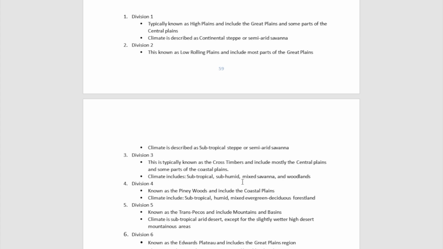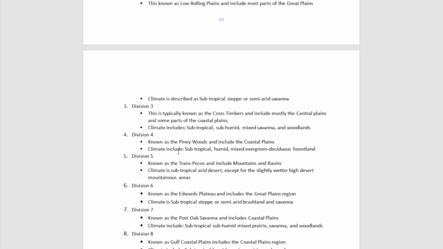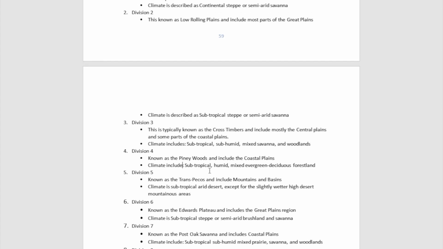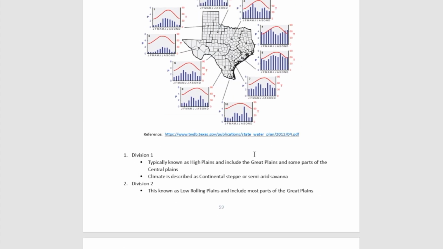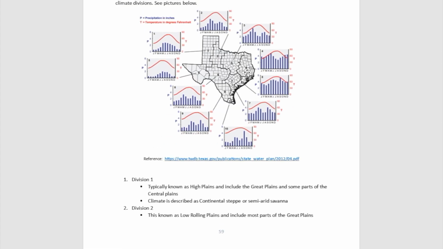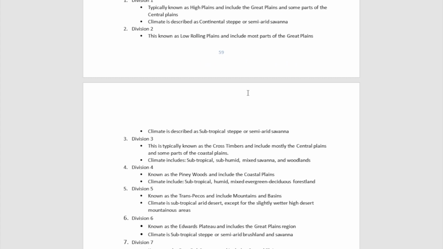The climate is going to be subhumid, mixed savanna and woodlands. Division number 4 is the piney woods, and that includes the coastal plains. Alright, so that's going to be subtropical, humid, mixed evergreen, deciduous forest land. That's going to be right over here, division number 4.